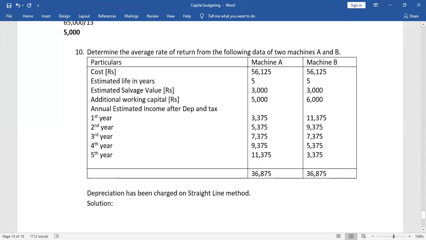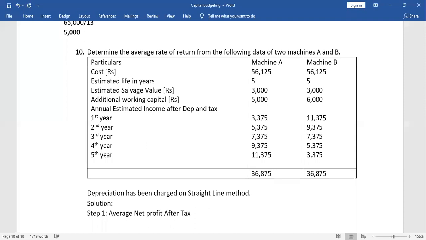For ARR, we have divided the calculation into 3 steps. The first step, we have to find out average net profit after tax.